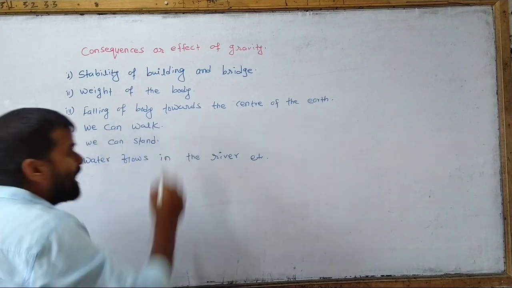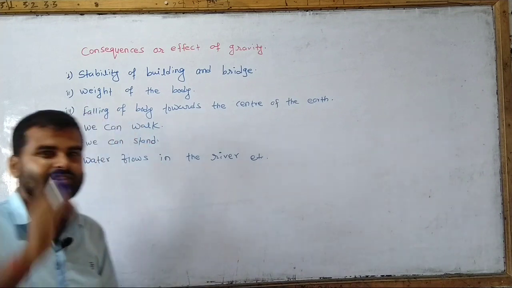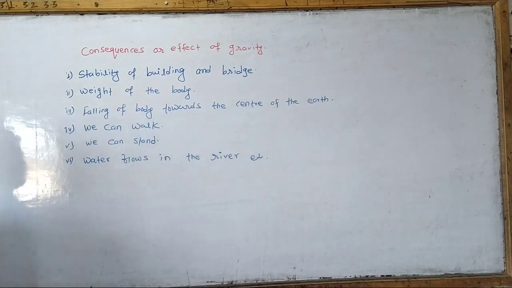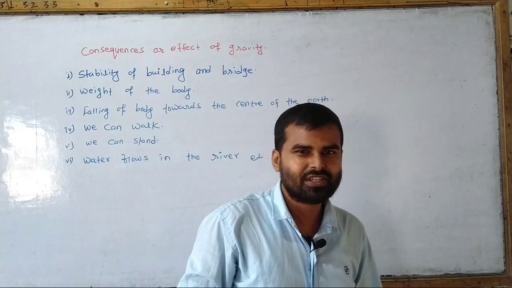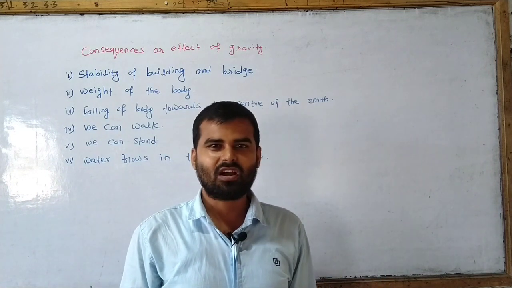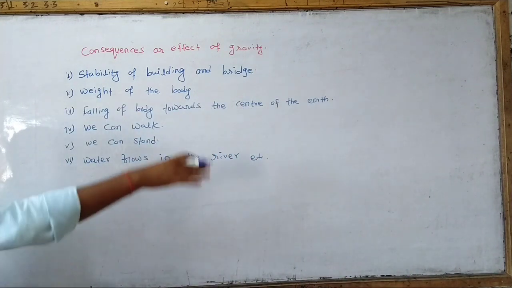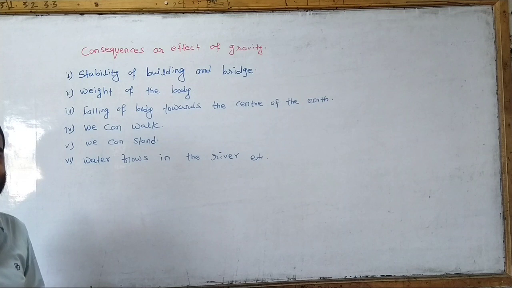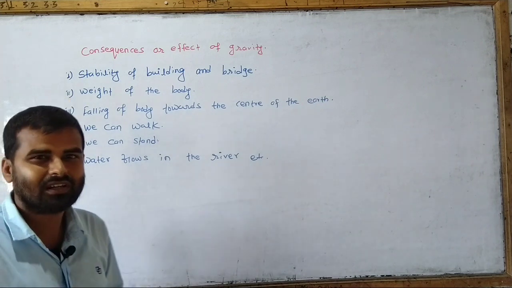Falling of a body toward the center of the earth, meaning any body falls toward the center, is due to gravity. We can walk on the earth due to gravity. We can stand on the earth due to gravity. Water can flow in the river due to gravity. So these are the consequences or effects of gravity.